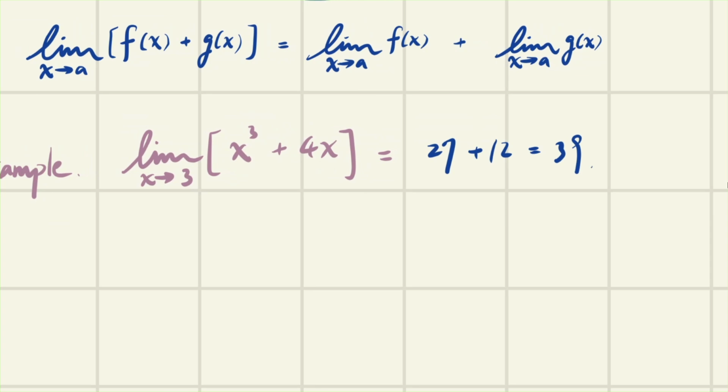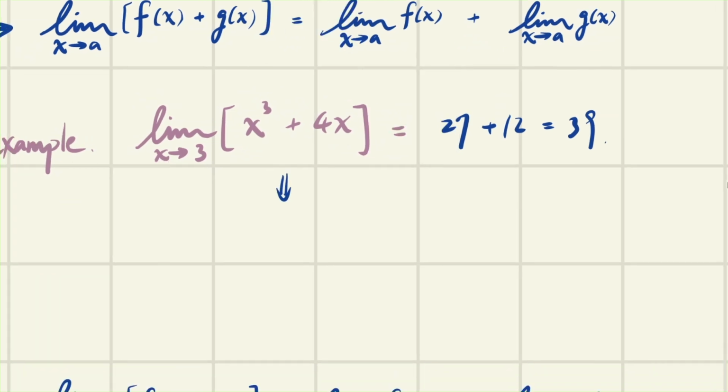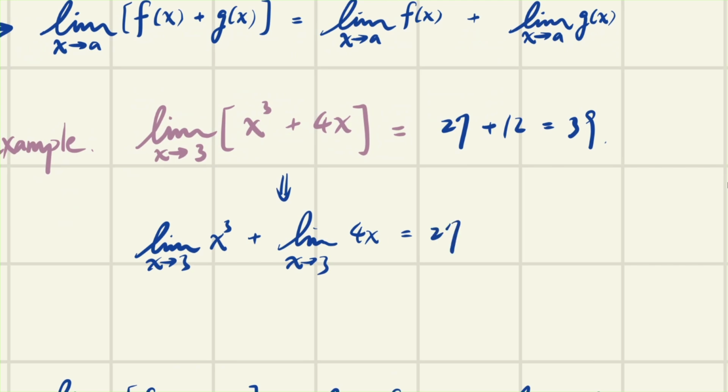What about when we separate them? This equals the limit as x approaches 3 of x cubed plus the limit as x approaches 3 of 4x, which equals, coincidentally, 3 cubed, 27, plus 4 times 3, which is 12.